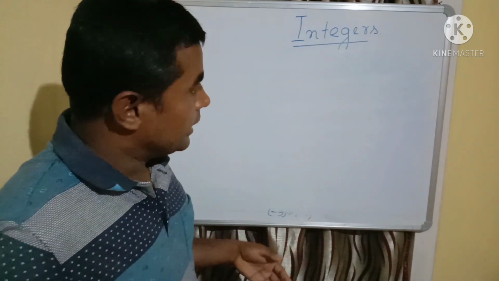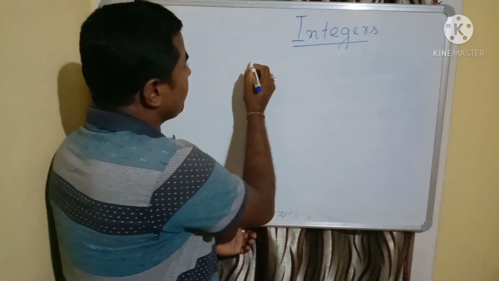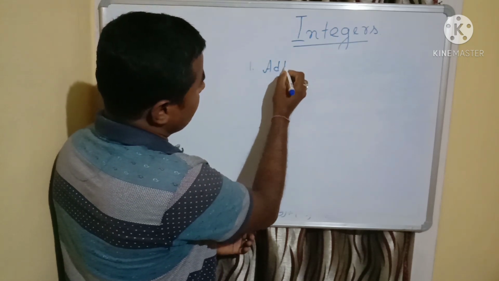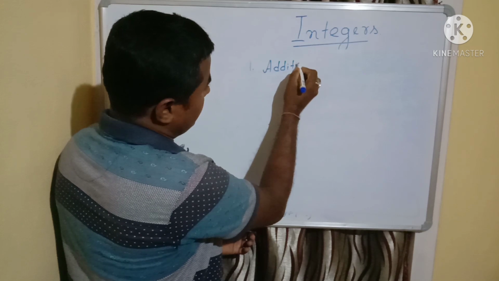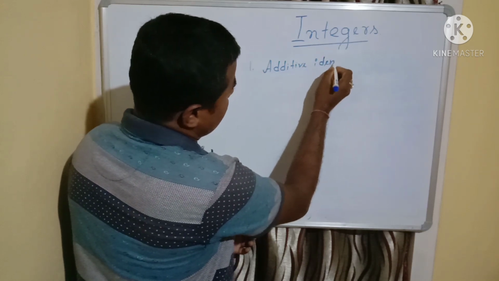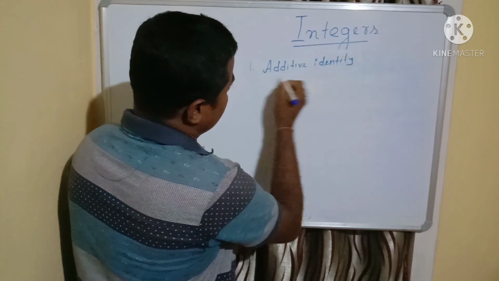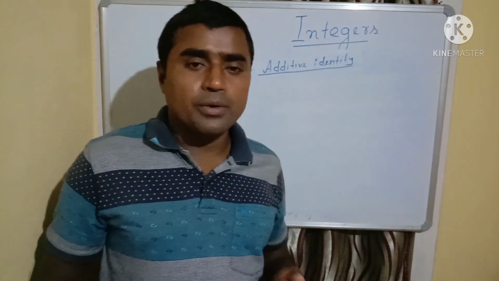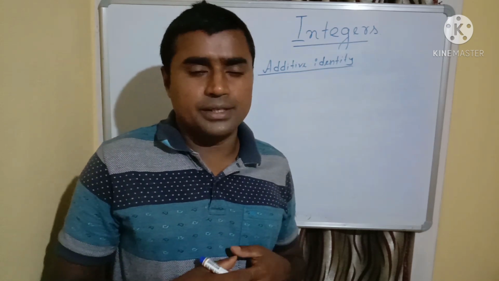Okay. Next property is additive identity. Every integer has an additive identity.